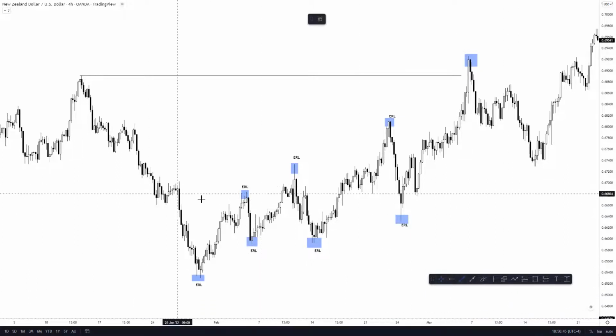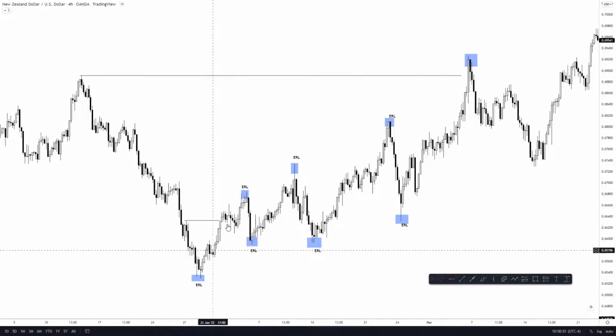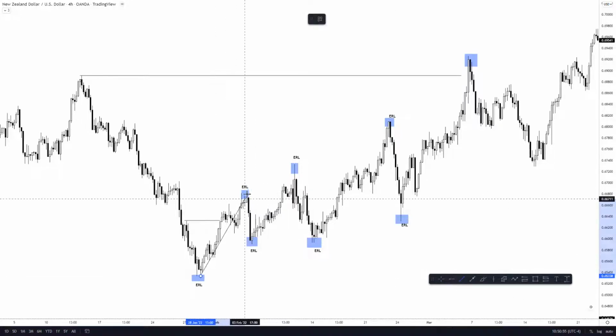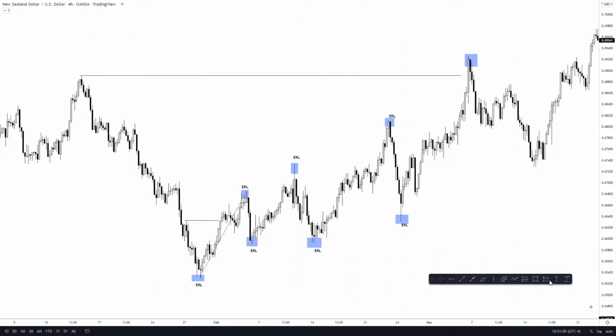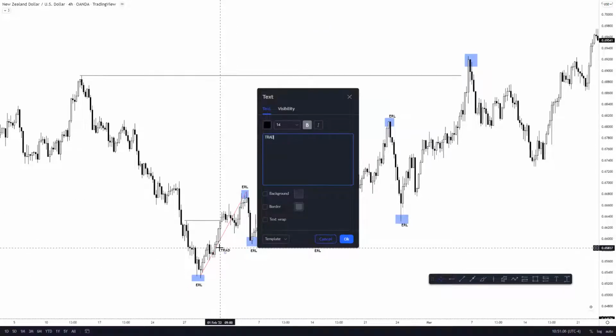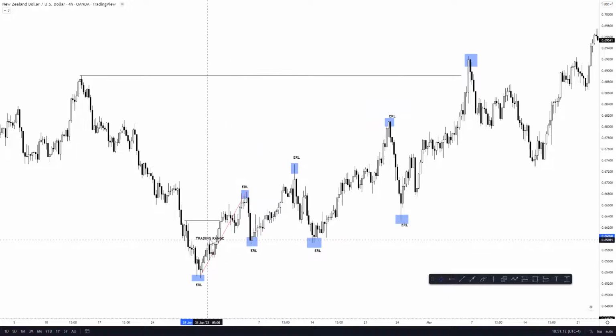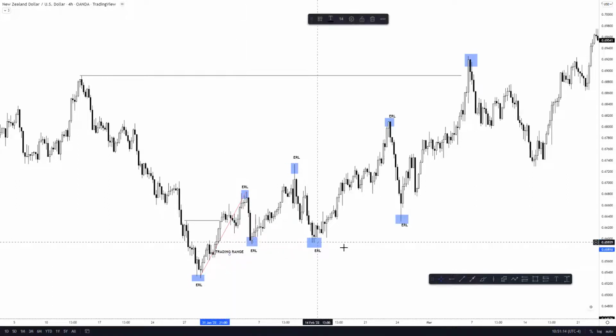As you see, we have a break in market structure here. From this down move to this up move, we have this whole range as what we call a trading range. From this low to this high, we call this a trading range.